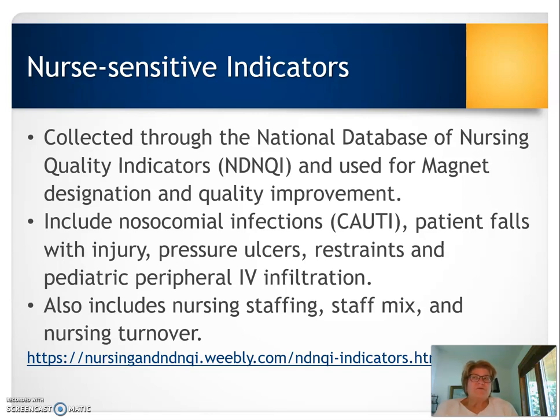Now, the thing is, though, as we know, patient safety is a team sport. So there are other players that are involved, but nevertheless, this is thought to be primarily under the control of nurses, although when you look at orders and polypharmacy and all kinds of different things, it's not just nursing.